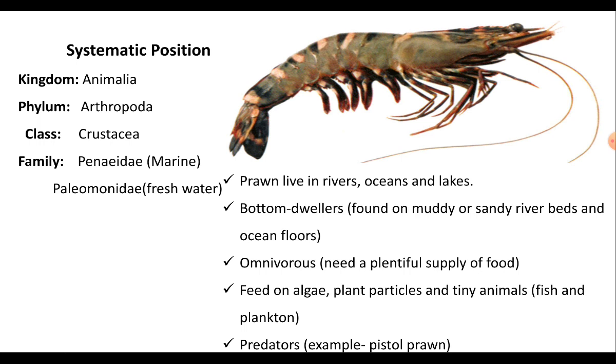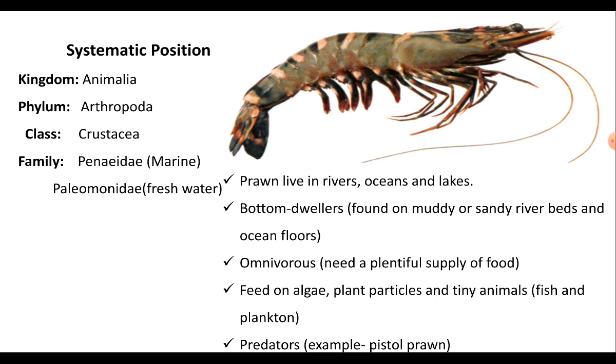As we all know, prawn is found living in rivers, oceans, lakes, and even estuaries, where it is a bottom dweller, which means they are found on muddy or sandy river beds and ocean floors.